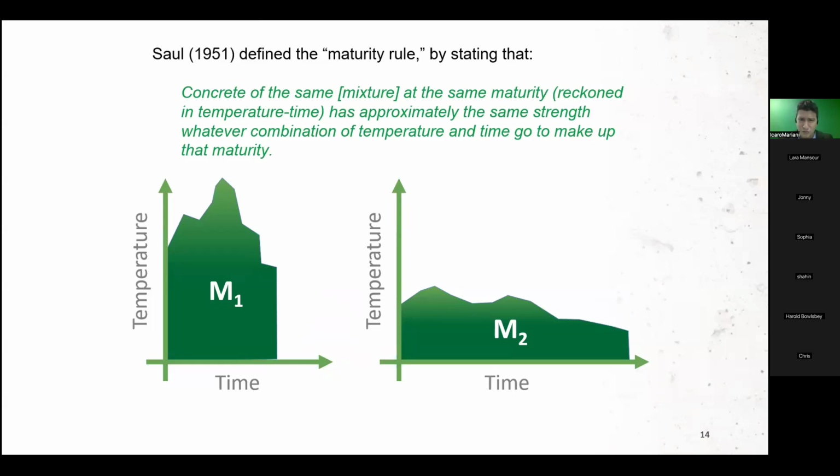I don't want to dive into the details here, Hugh, but basically the process of estimating this is having an area under the curve. So the assumption of calculating strength is if the area under your temperature profile is the same for any given mix, it means that you have the same strength.